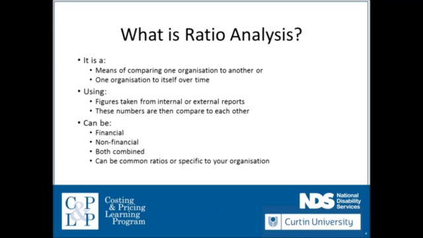Indeed, one of the ideas of ratios is that they can be used for direct comparison of organisations, and they can help you to look at figures associated with your organisation, not in isolation but in relation to other figures. So in other words, ratios are a good shorthand way of looking at your financial sustainability, your financial performance, and also other aspects of your organisation's operations.